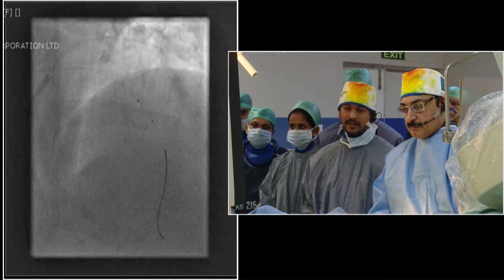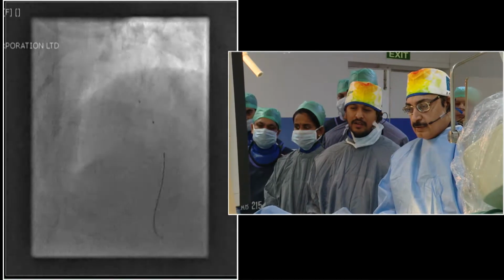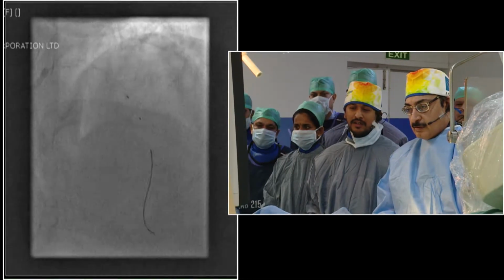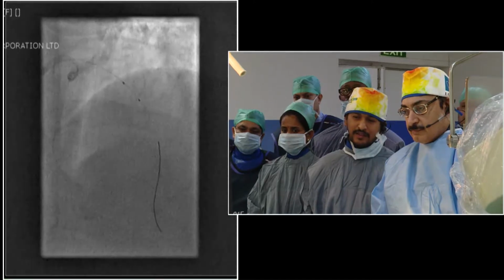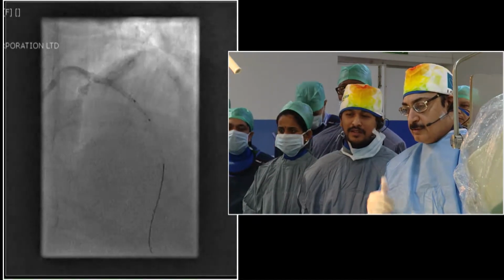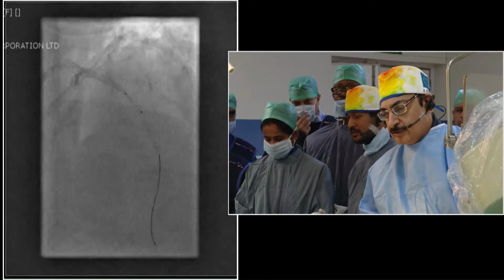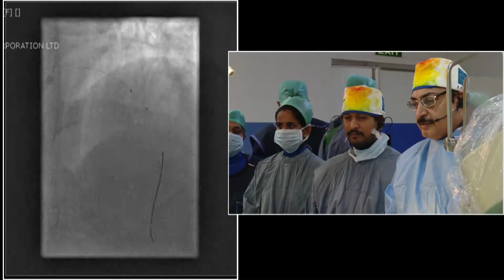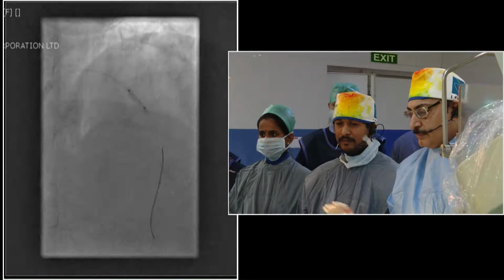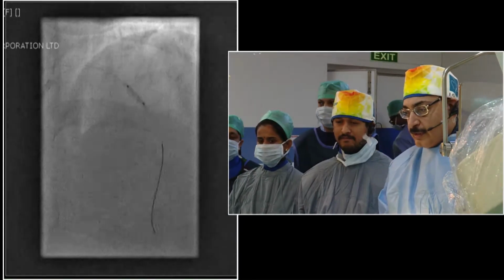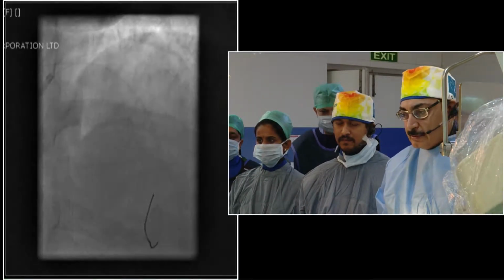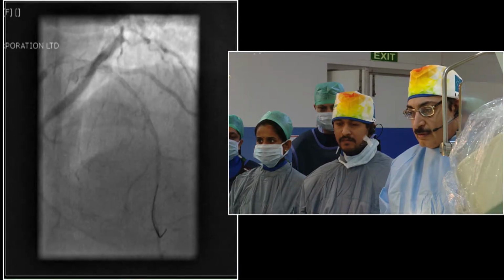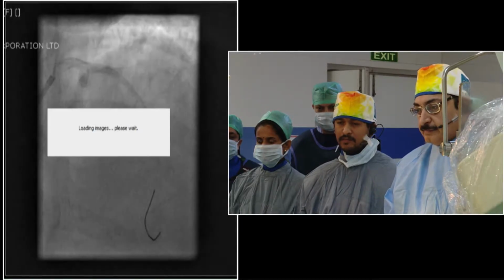So this is the angioplasty in progress. Show me the final shot here.